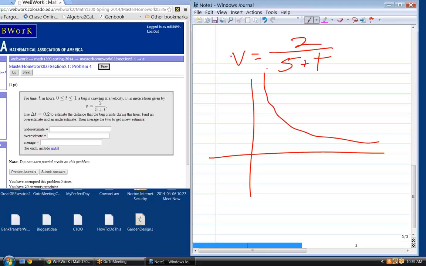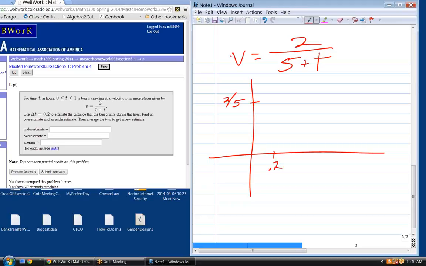Time equals 0. Where does that graph cross the y-axis? I have no idea. Well, plug in 0 for t. 5. So 2/5. And this is going to only get smaller. At 2/10, you're going to have to use your calculator on these, I suppose.